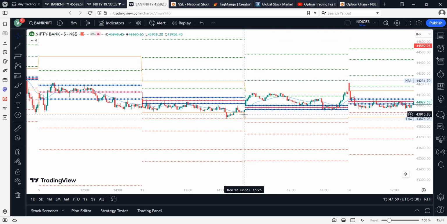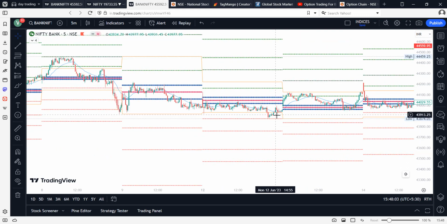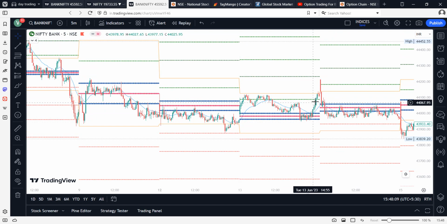Here, even though the trend has not yet changed, it has opened above the CPR. Throughout the day, it is staying above it and showing bullishness and closes above R1, which is an indication that the trend has changed. So, I hope you understand how to check the uptrend and the downtrend.